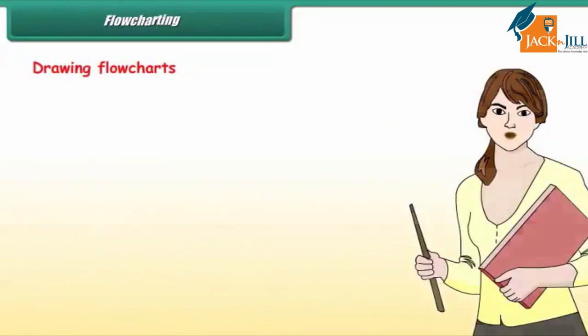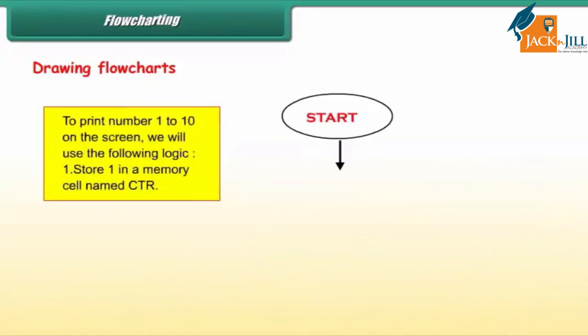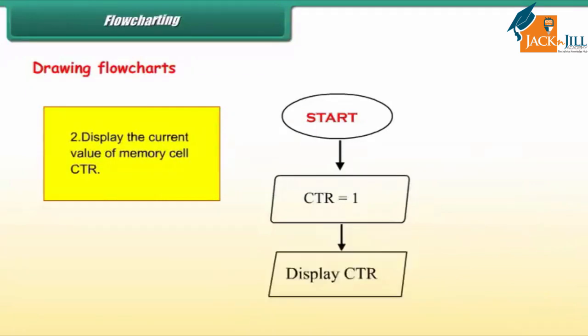Example 5. Draw a flowchart for a program to print first 10 natural numbers. To print numbers 1 to 10 on the screen, we will use the following logic. Store 1 in a memory cell named CTR. Display the current value of memory cell CTR.